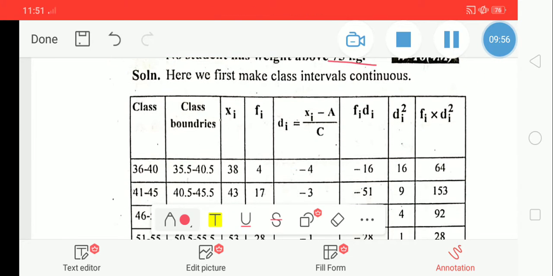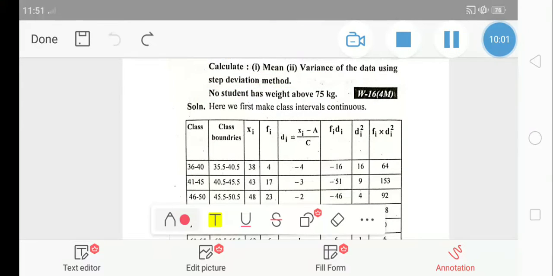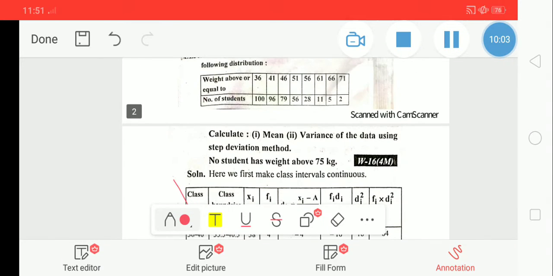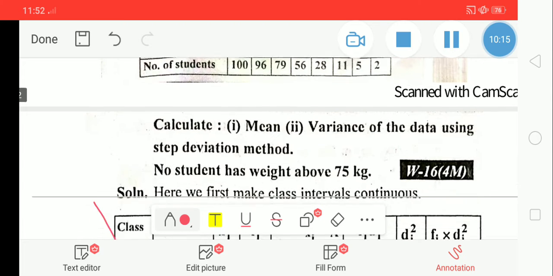Now this is our class interval. We write the class interval here because they give 36 to 41. So we write 36 to 40, 41 to 45, then 46 to 50.